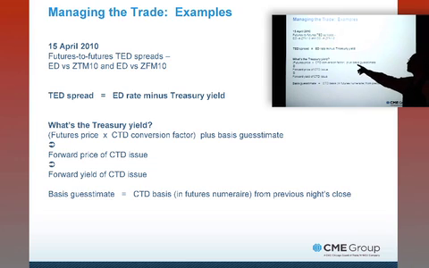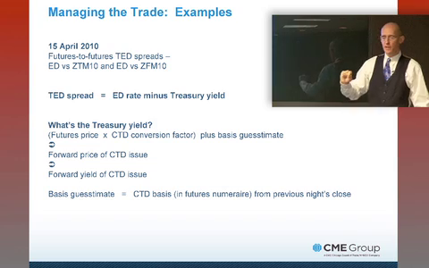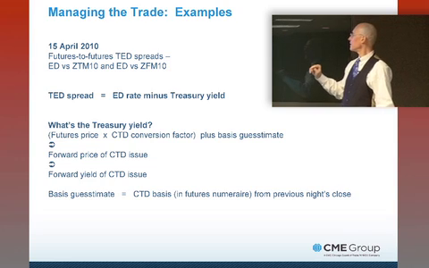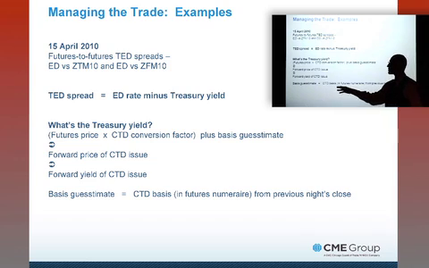Where does this basis guesstimate come from? You can be as clever about this or as sophisticated as you want. In the following example I'm going to show you, it's nothing more than the cheapest to deliver basis. This is in futures terms and not cash note terms.